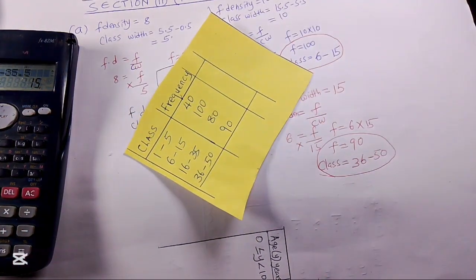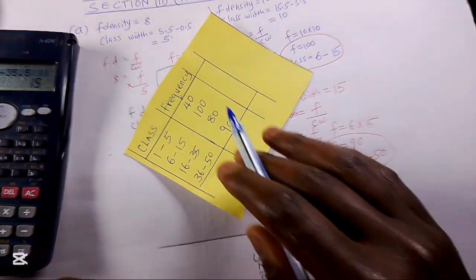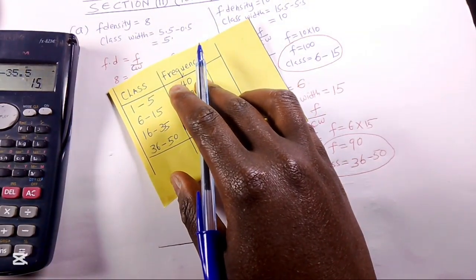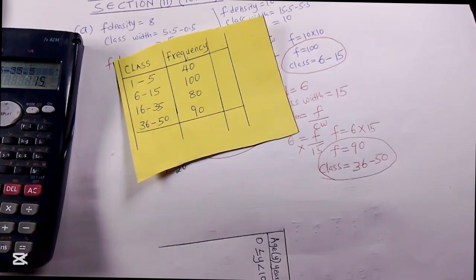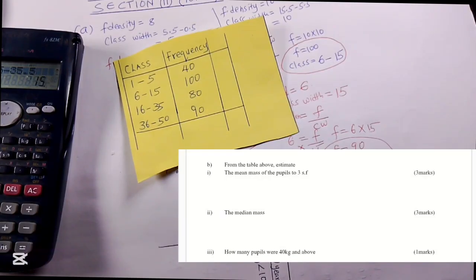The question is being displayed on your screen, and in this case we are told to find the mean mass of the pupil to 3 significant figures.